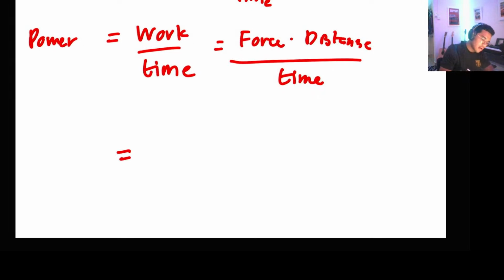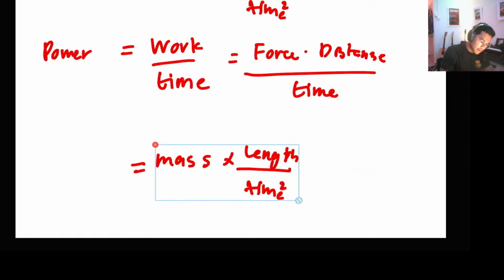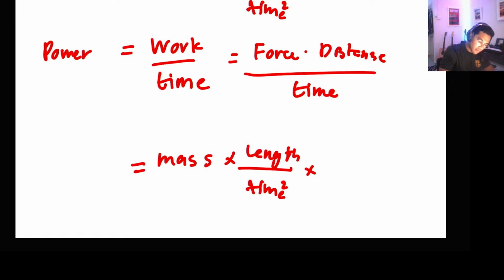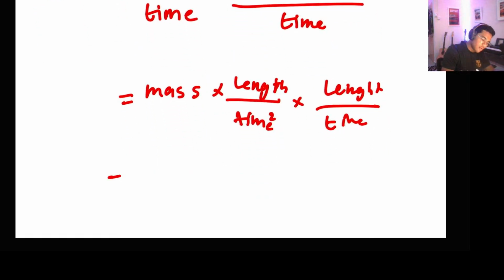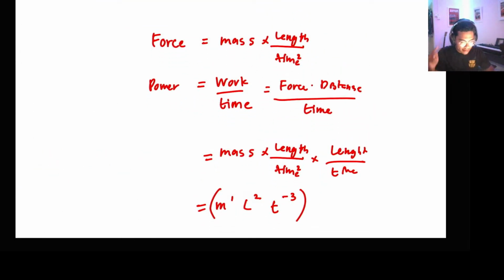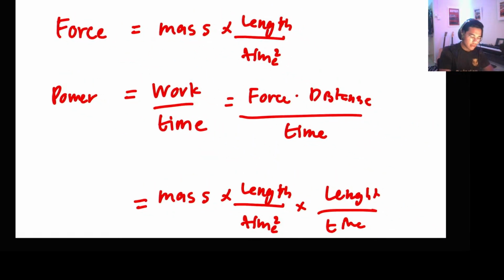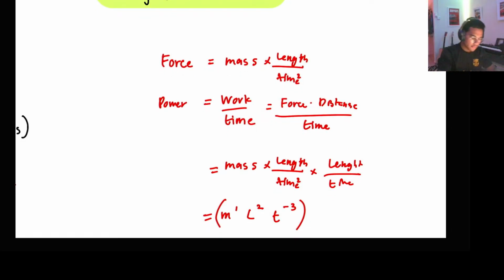So from there, we take the force, paste it here, times length over time. So we will get M to the power of 1, L to the power of 2, T to the power of negative 3. Okay, so that is why it is important to memorize the force. This is how I get the shaft power's dimensions.